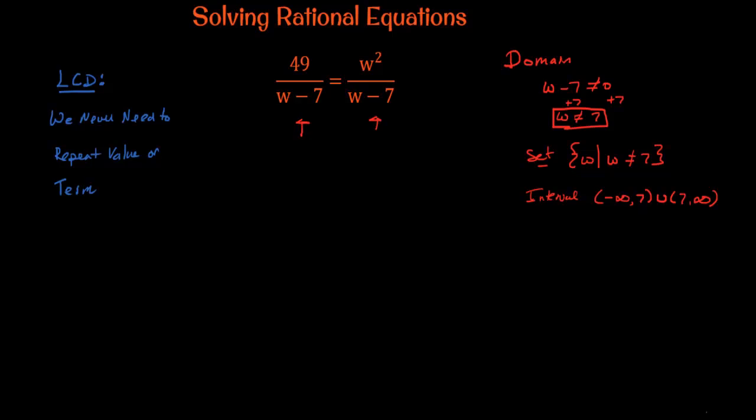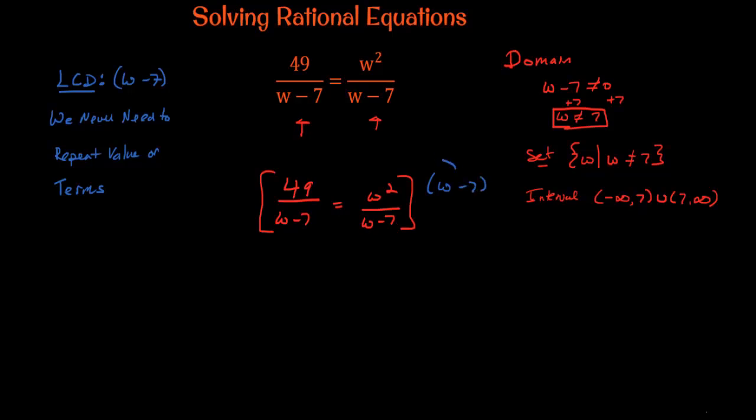We have a w minus 7 and another w minus 7, but we don't need to repeat it. So all I'm going to do is multiply through by w minus 7. We have 49 all over w minus 7, which equals w squared all over w minus 7, and we multiply this through by w minus 7.